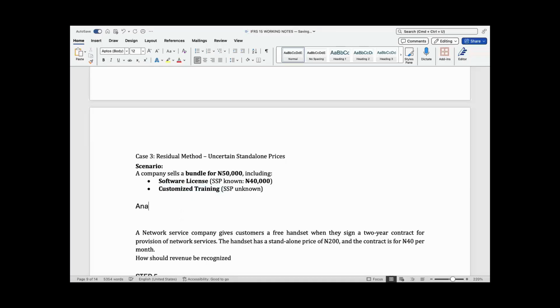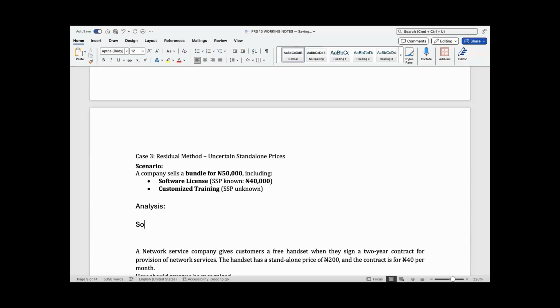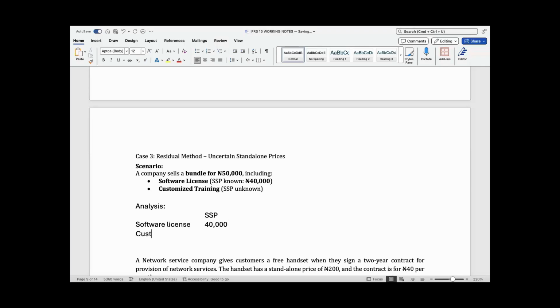So if I analyze this, it is quite straightforward because the SSP will represent the revenue, since for the software we know the standalone selling price as 40.